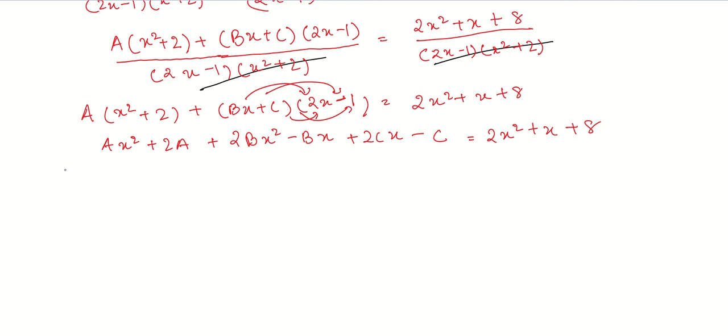So basically we have Ax squared and 2Bx squared, so that gives A plus 2B, times x squared.